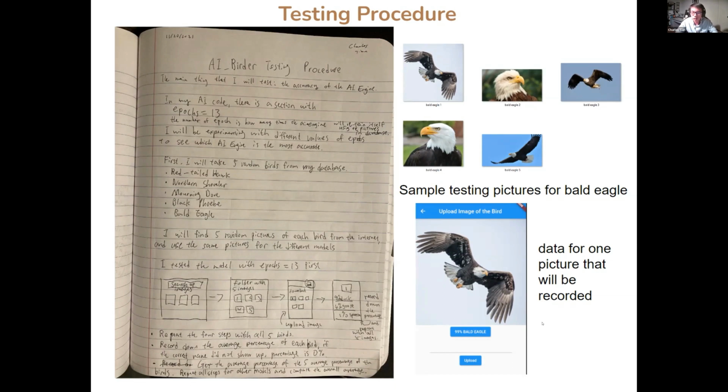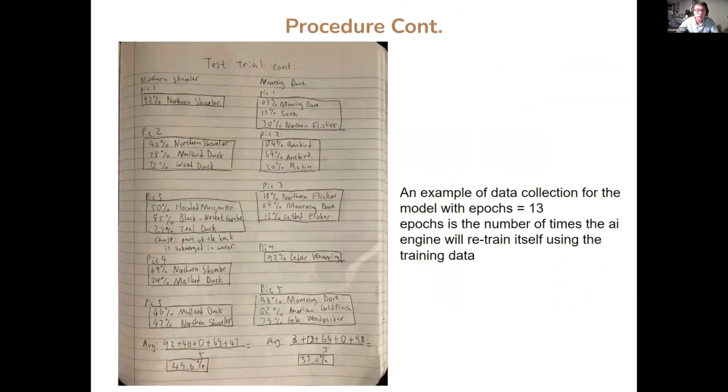It depends on them. And therefore I have all these 5 results. I have 2 species of birds right here, with all their percentages of accuracy recorded.